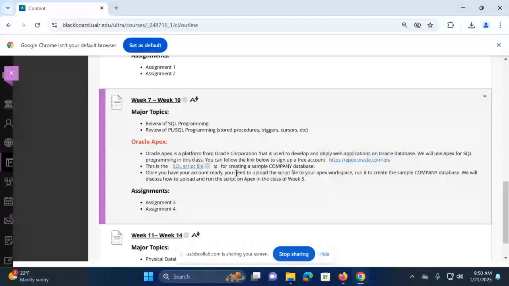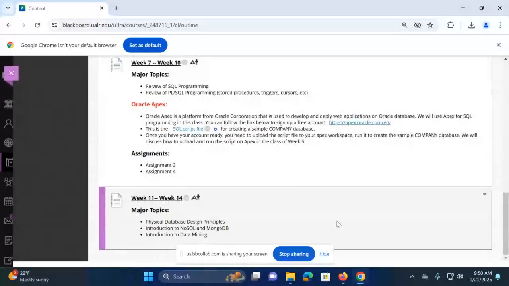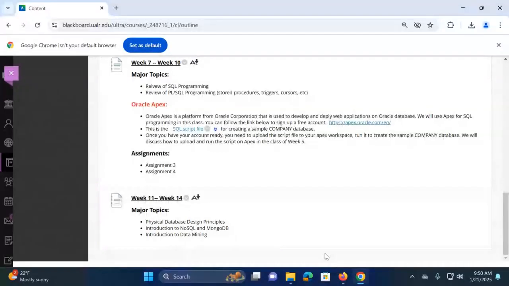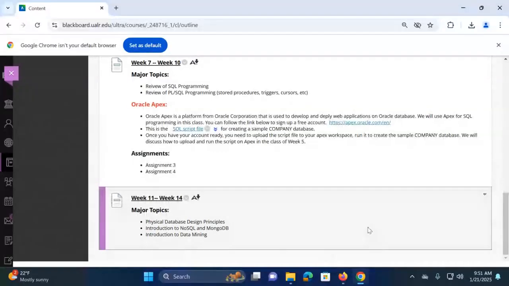And the third part, depending on the class progress, I really want to introduce NoSQL and MongoDB. I think MongoDB is one of the widely used NoSQL databases because it's able to handle big data and also non-structured or semi-structured data.